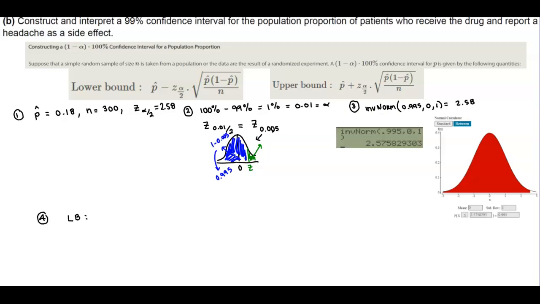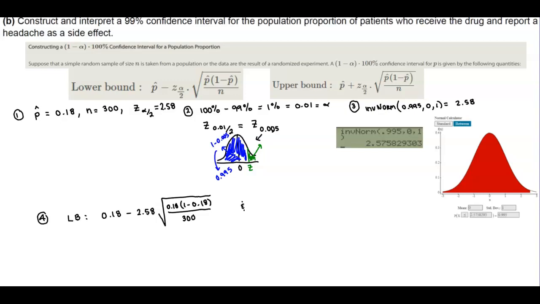And if we look at our information there, we want our point estimate, 0.18, minus 2.58 times the square root of 0.18 times 1 minus 0.18, divided by the value of n, which is 300.